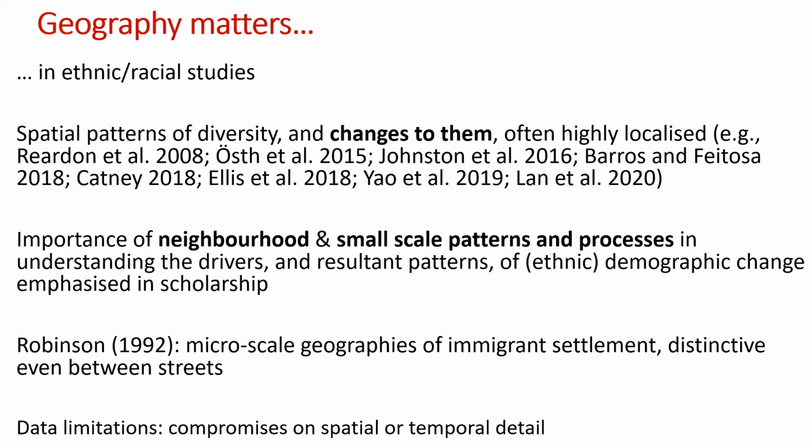What we argue in this article is that that's a particular issue for ethnic and racial studies, because spatial patterns, so ethnic residential geographies, and changes to them are often highly localized. So we see very distinctive local patterns at a very small spatial scale. And that means that inconsistencies in, for example, boundary changes have particular implications for this sort of study.